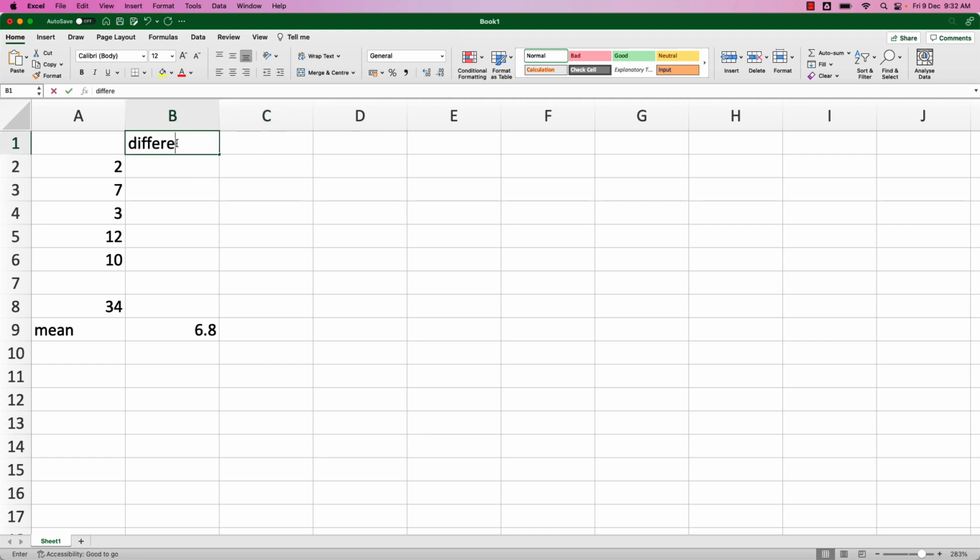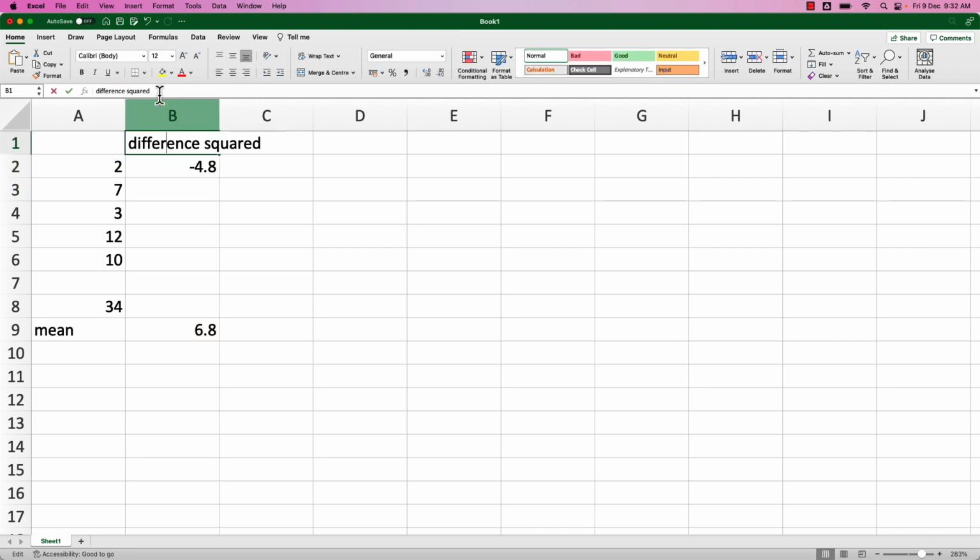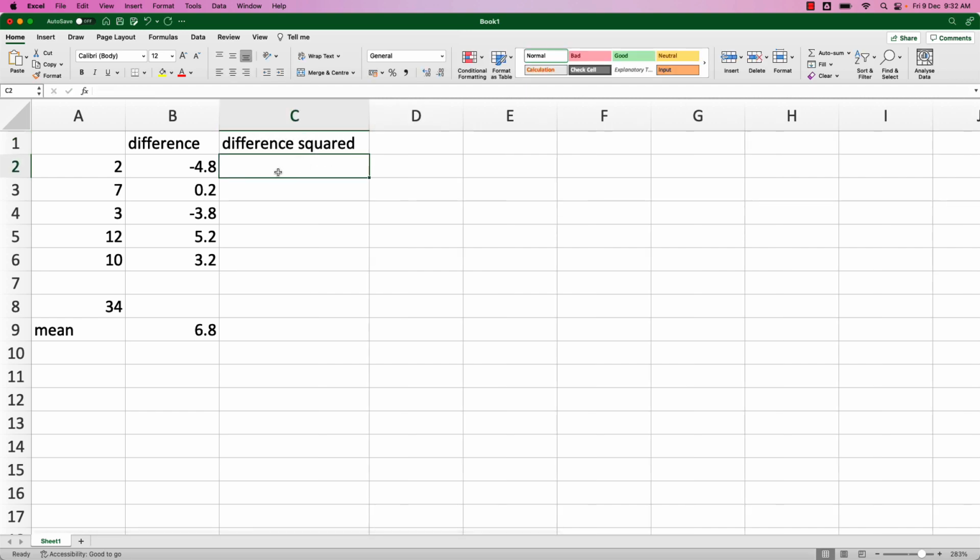The difference is each value minus the mean, and I'll calculate it for each and every data point. Next, I'll say difference squared, which is nothing but the value multiplied by itself. So this is my difference squared.